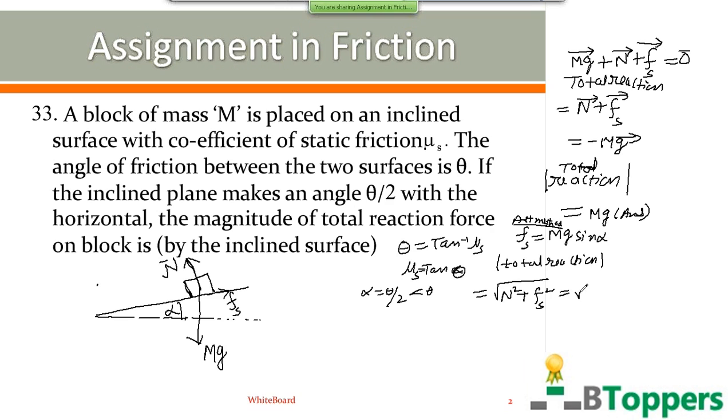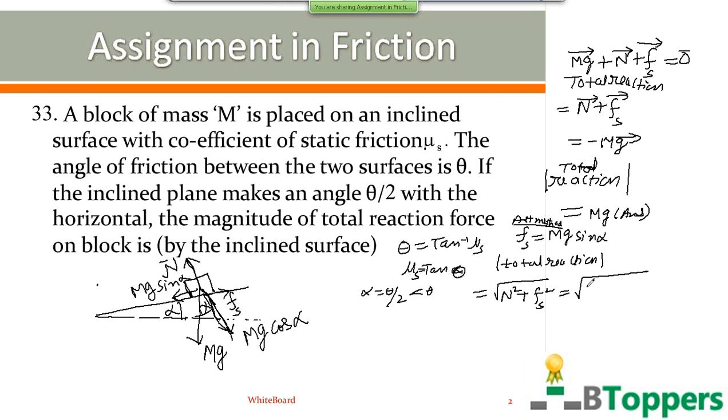You can take the magnitude of normal reaction as equal to mg cos alpha. You can resolve the weight mg into rectangular components. The component mg cos alpha acts perpendicular to the inclined surface. The component mg sin alpha acts parallel to the inclined surface, down the inclined plane.